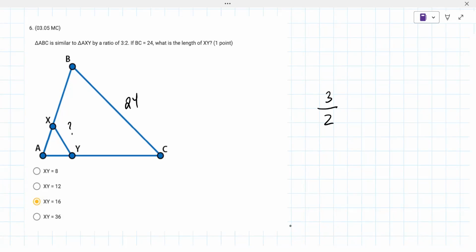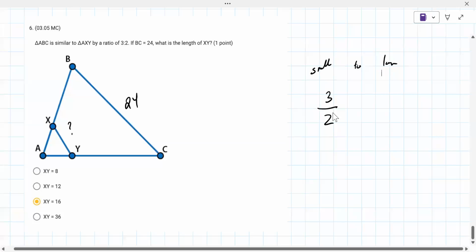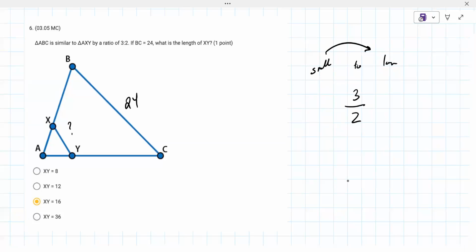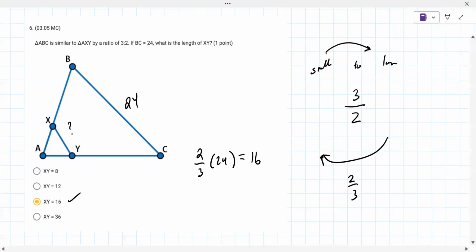To go from the smaller to the larger, it's 3 halves. To go the other direction, it's the reciprocal, 2/3. So 2/3 of 24 is 16. Got it.